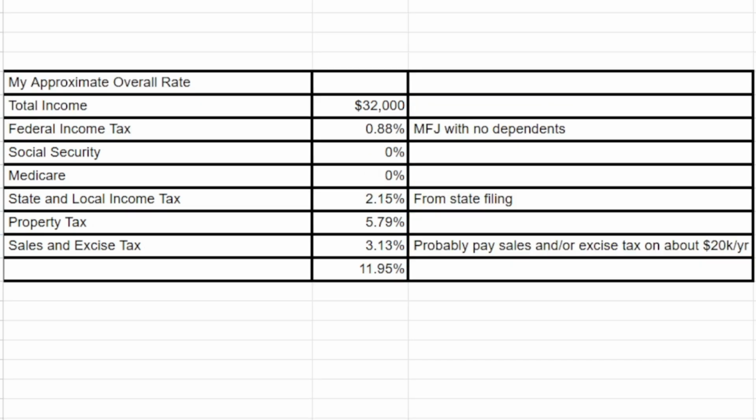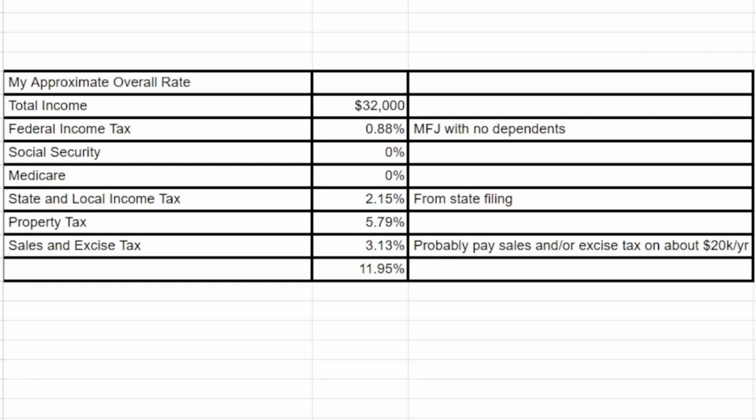I also wanted to give an example of someone who retired early and no longer pays Social Security and Medicare, but is not yet receiving Social Security. In this case, the total income is $32,000. Federal income tax is less than 1% at this level because the standard deduction is over $29,000. Social Security and Medicare are 0% since there's no earned income.